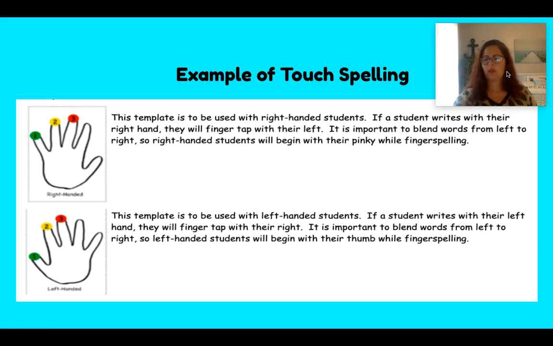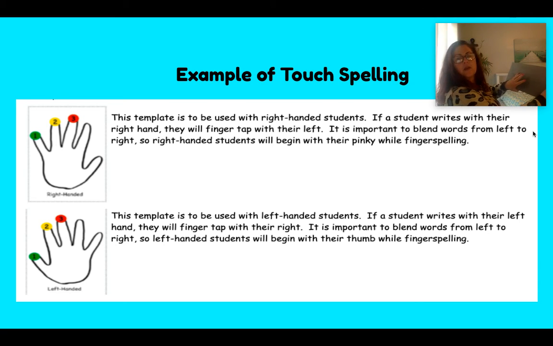Okay? So this is the touch spelling portion. You probably have seen me do this many a times if you have done several lessons with me, but I'm going to repeat this because somebody might just be starting on this slide. So just another example of touch spelling. If you're right-handed, you would have your pencil in your right hand and you'd use your left to do the touch spelling. And you would start with your pinky, just like words go from left to right. That's how we want to touch spell.